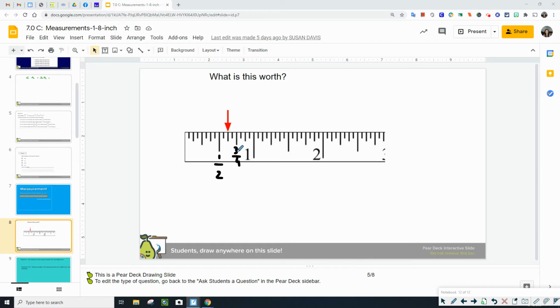If I want to put this 3/4 into eighths, I'm going to multiply times 2 on top and bottom, and I get 6/8. So this 3/4 right here is 6/8. This one right here is 5/8: here's 1/8, 2/8, 3/8, 4/8, 5/8. It's every other line that is your 1/8, starting with that second line after the 0.